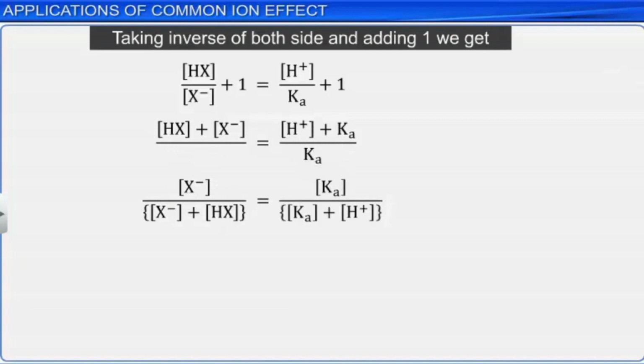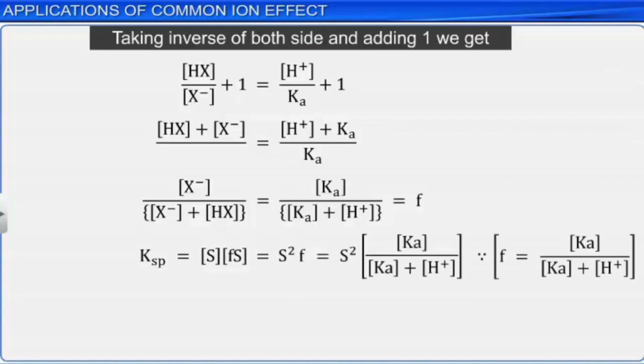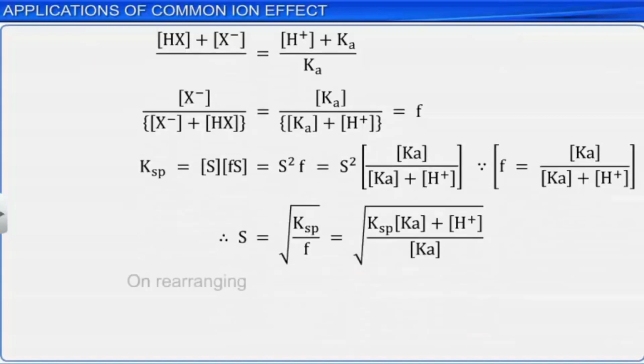At a given pH, if the solubility is taken as S, then Ksp is equal to the product of S and FS, that is, equal to the product of S squared and F. Therefore, solubility is equal to the square root of Ksp divided by F. On rearranging the equation, we get solubility S is equal to the product of Ksp and H+ plus Ka divided by Ka, whole to the power half.